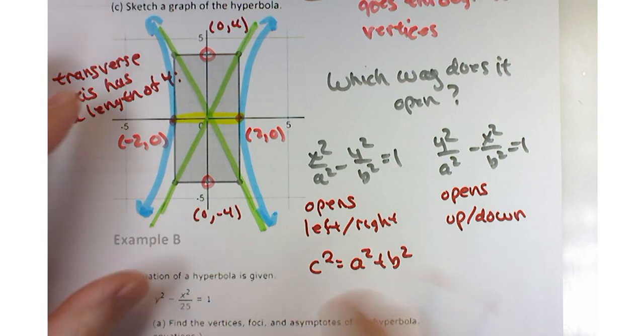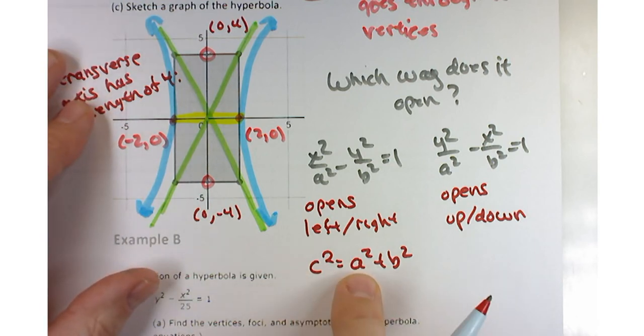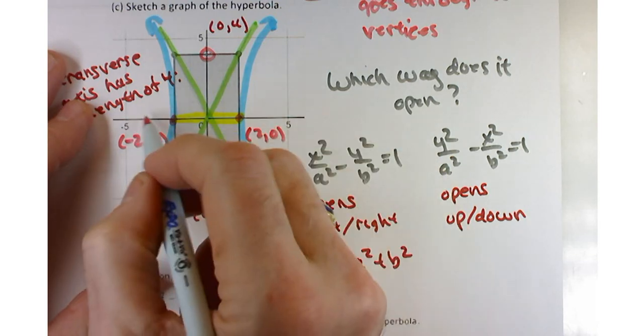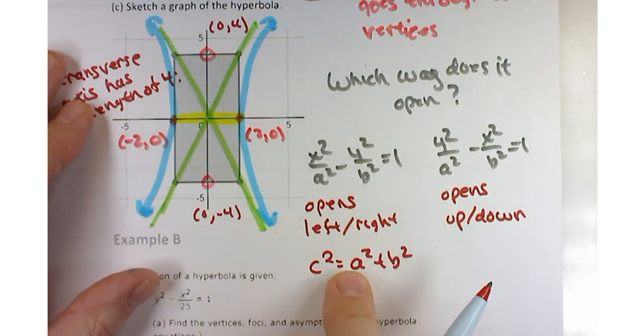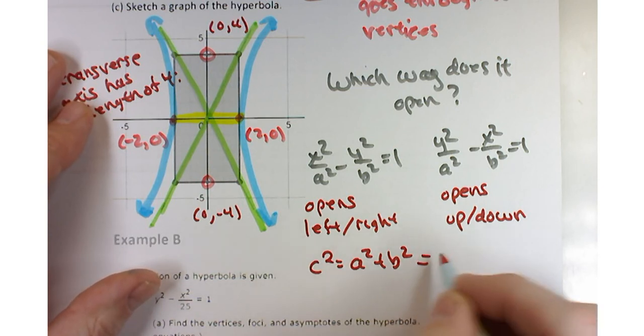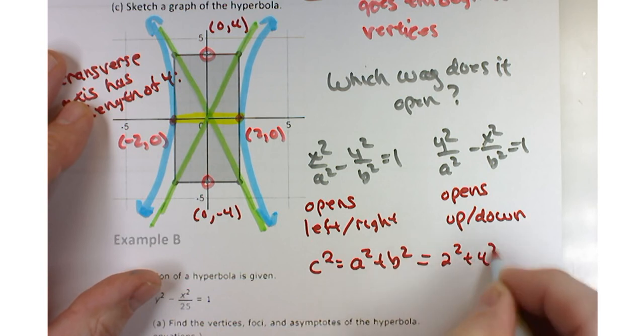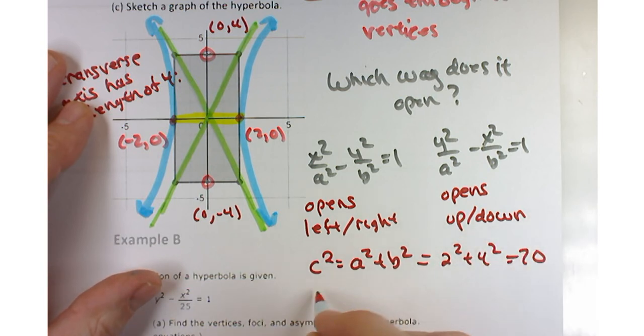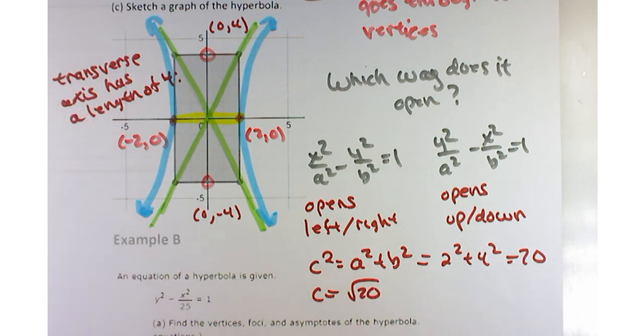You're going to find the foci inside each branch of the hyperbola, a distance of c away from the center. So in our case, that's going to be 2 squared plus 4 squared equals 20. So c equals the square root of 20. And that's where you're going to find your foci.